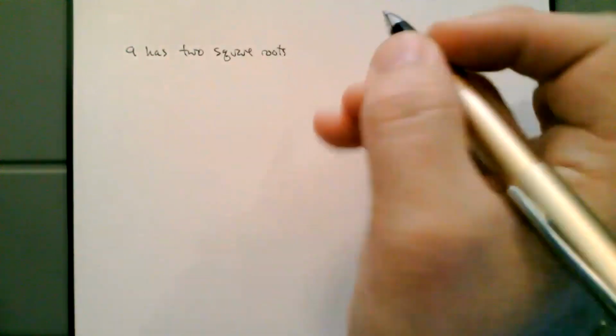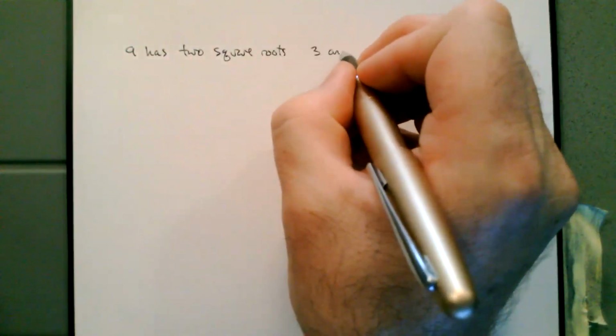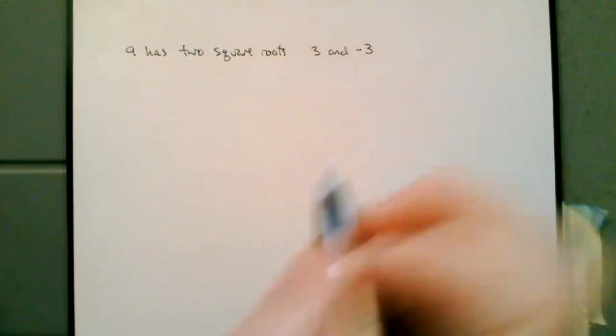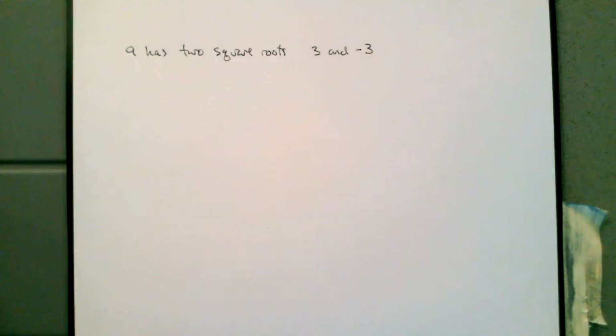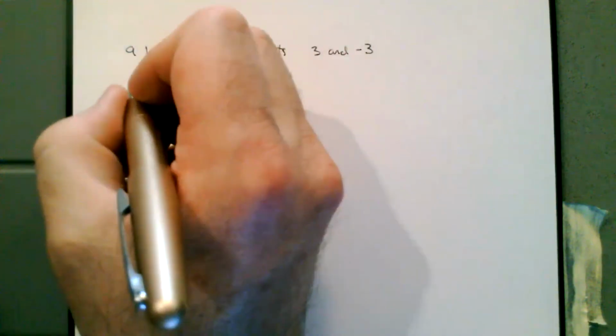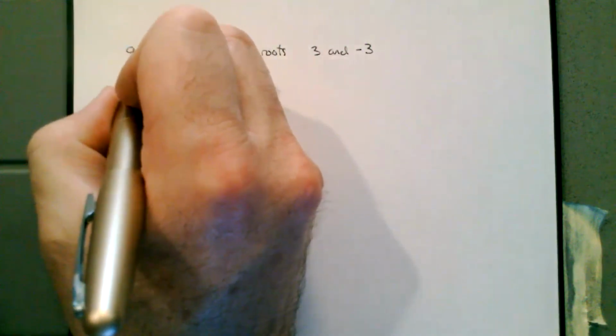So let's take a look at some things. Recall that 9 has two square roots. Also note that negative 9 has two square roots.